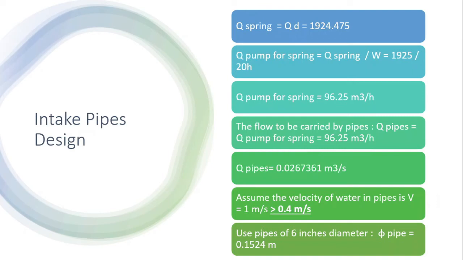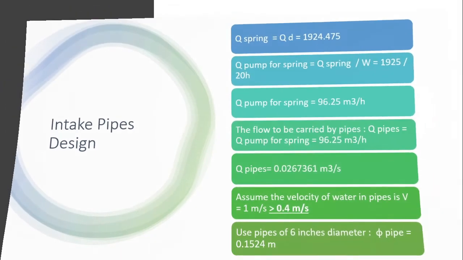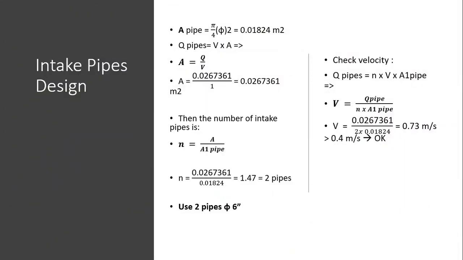And we also assume that our pipes are of 6 inches, and we will then check if these pipes are enough, and we will see how many pipes we need if we use 6 inch pipes. So the area of one pipe is calculated.